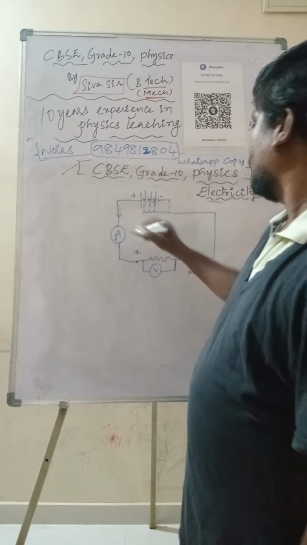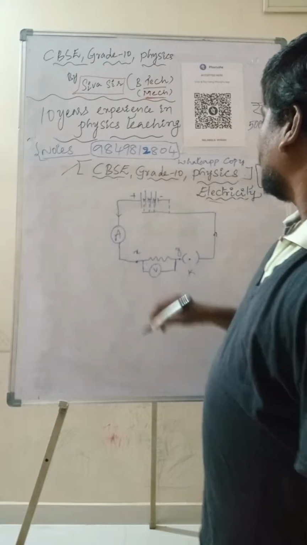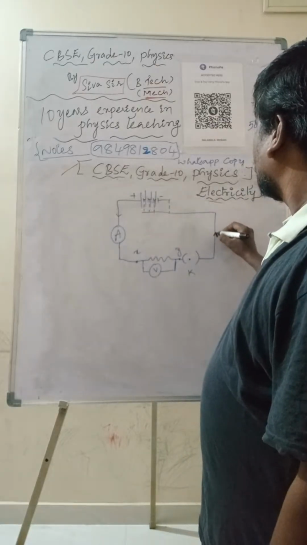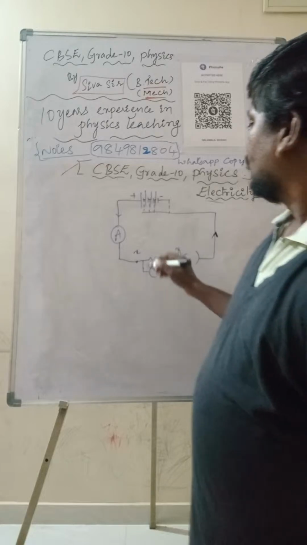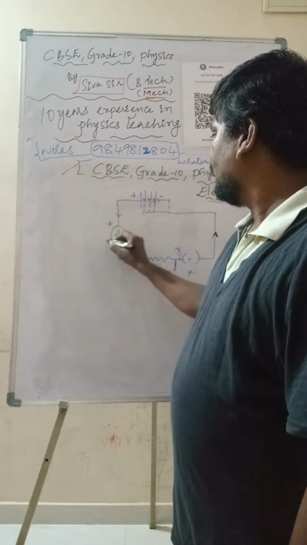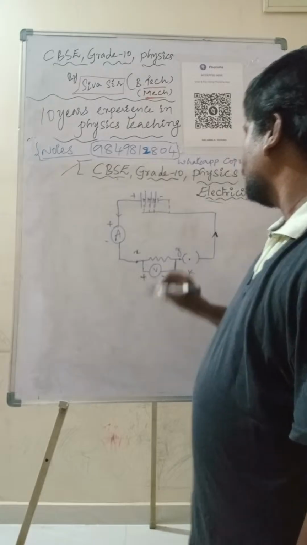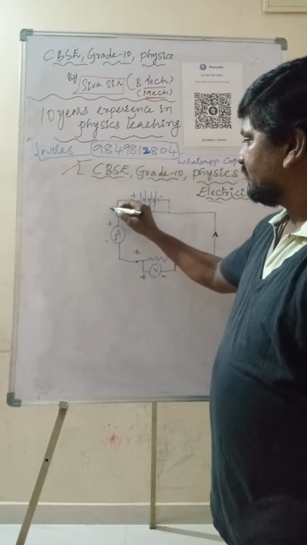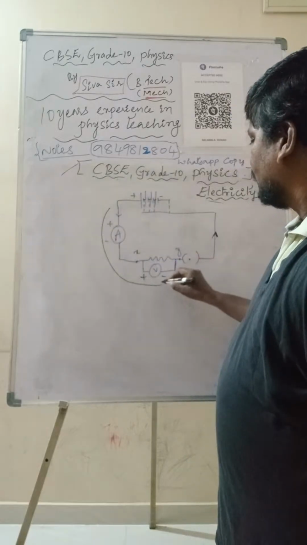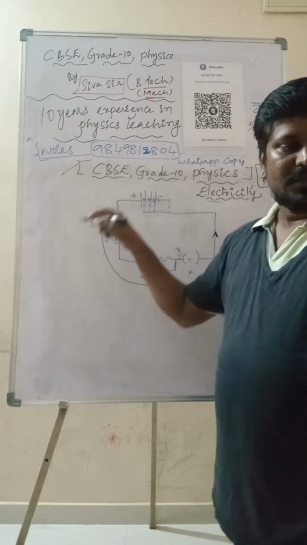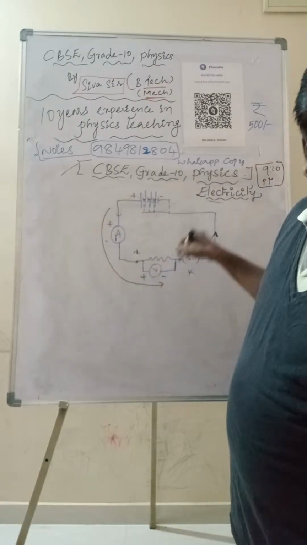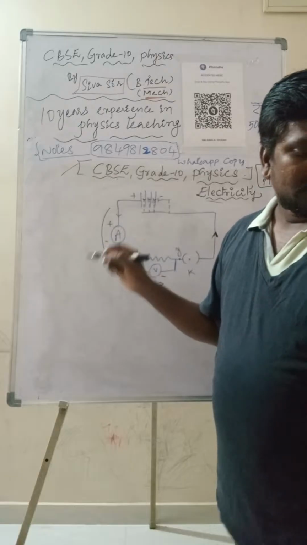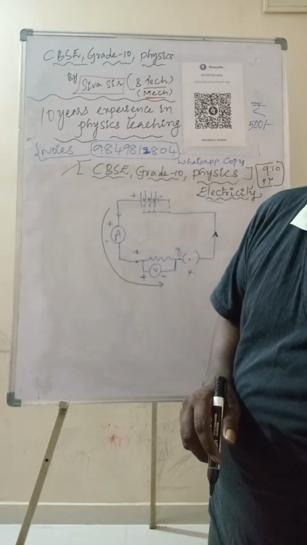You can check: positive terminal, negative terminal, positive terminal, negative terminal. Current is passing in this direction, and it is reaching like this.